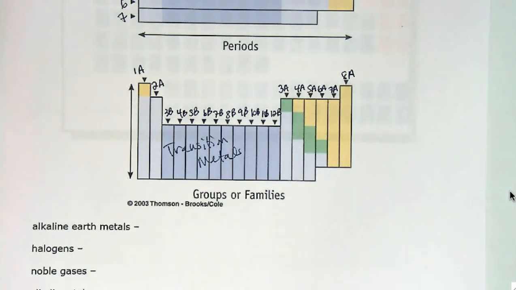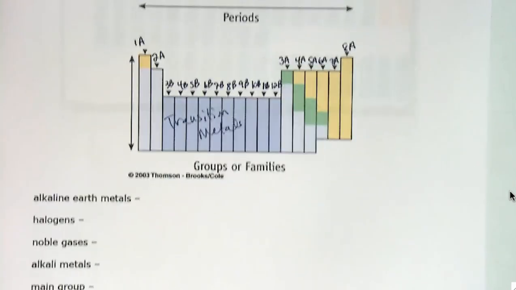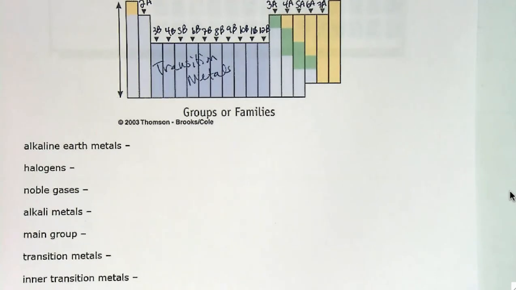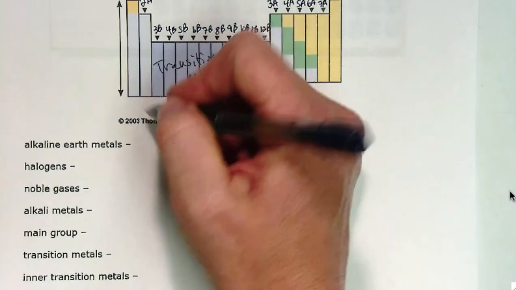Okay, so we're going to learn some specific names of groups or families. Now you think about your family, your last name. You are maybe the Clark family or the Martin family, or wherever your family history is, whatever your last name is, that's your name. And so on the periodic table, we have that too. There are the alkaline earth metals, and alkaline earth metals are group 1A.